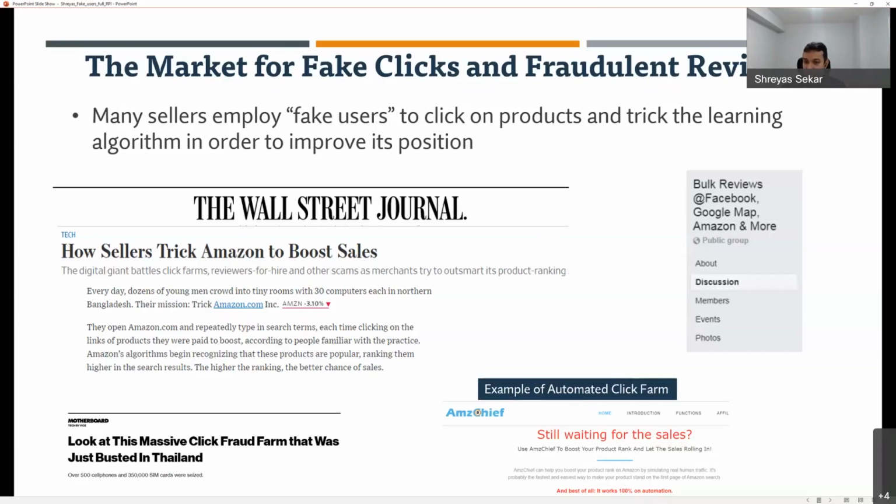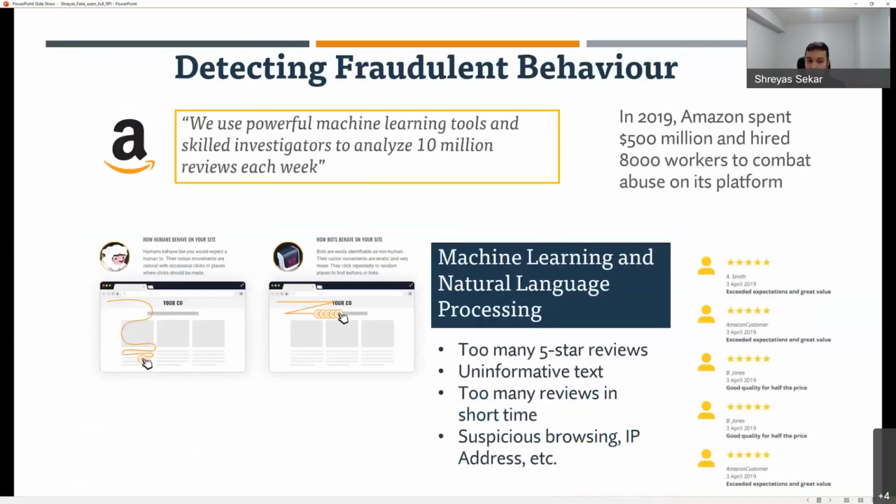Okay. And as we mentioned previously, many of these are aimed at boosting the position of the product in the algorithm. So at this point, maybe some of you are going to ask me, Shreyas, I agree that this is a big problem, but surely Amazon is doing something to stop this, right? Because I think even they can detect that this is a huge issue. And I agree with you. Many of the big platforms, including Amazon, are trying to tackle this as severely as possible.